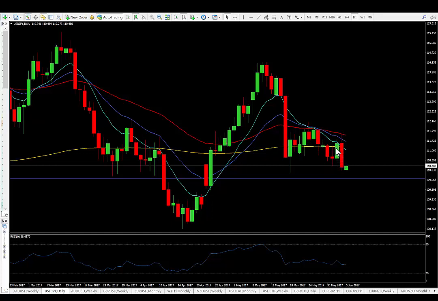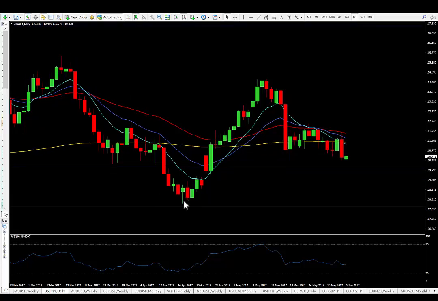We're also currently underneath the 200. Price is weaving around it somewhat, but we only have to look to the left to see that this is not a dissimilar pattern, and we've certainly got the EMAs providing dynamic resistance. We've got the 50, the 20 and the 10 EMA all providing downward pressure on this price action. So certainly a move down to 110 is perfectly feasible, and then, as I said, potentially a move down to the matching low at around the 108 level.